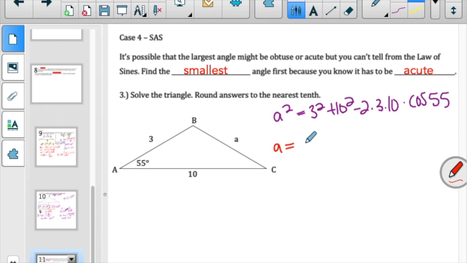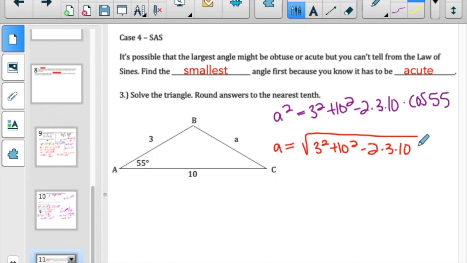A equals the square root of 3 squared plus 10 squared minus 2 times 3 times 10 times the cosine of 55. You okay with why I have what I have written in red? And that's what you get to type in your calculator. You type it all in together.